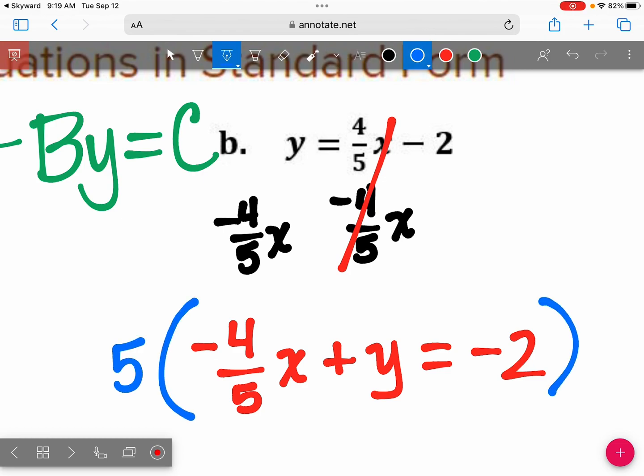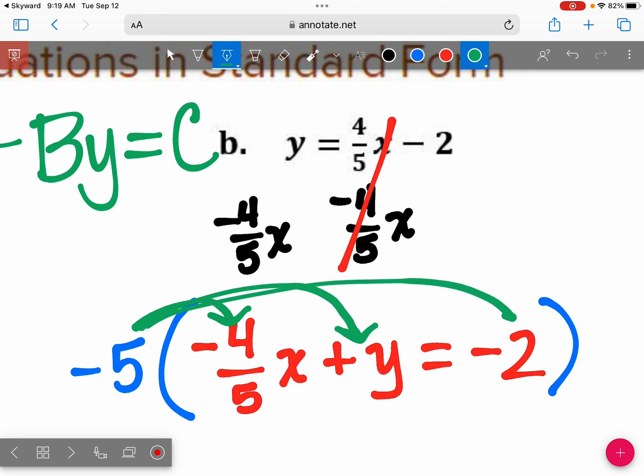But because this is also negative, then I need to multiply everything by a negative 5. And the reason why I'm doing that is because when I multiply these two negatives, it's going to change to a positive. So pick up your calculators and multiply all 3 by negative 5.